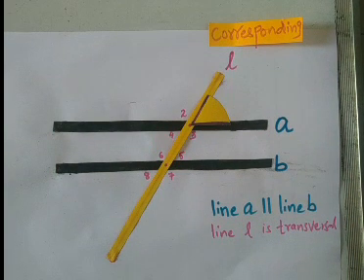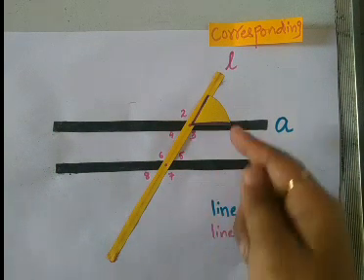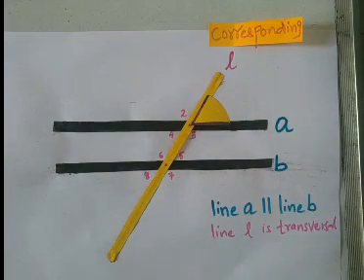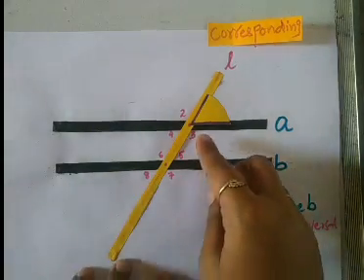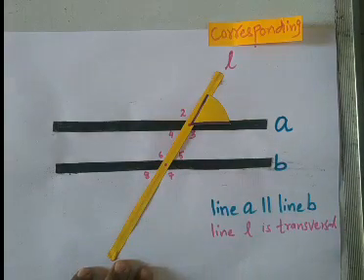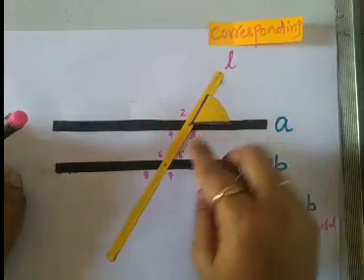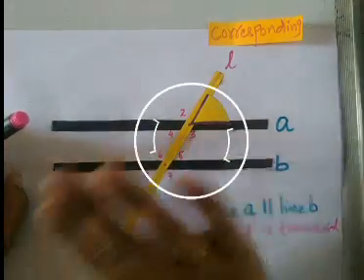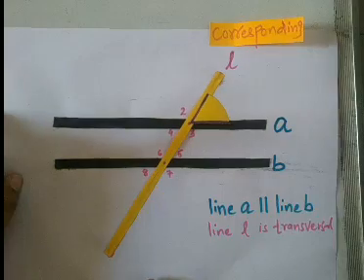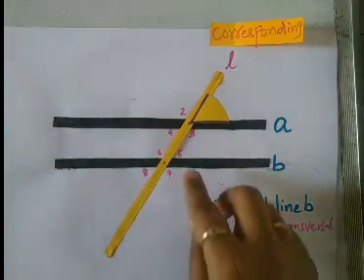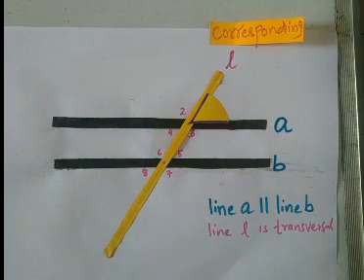If I have to find out its corresponding angle, it would be on the same side, but you need to leave one angle between them. After angle number 1 there is angle number 3 which we have to leave, and we need to go to the next angle, which is angle number 5.